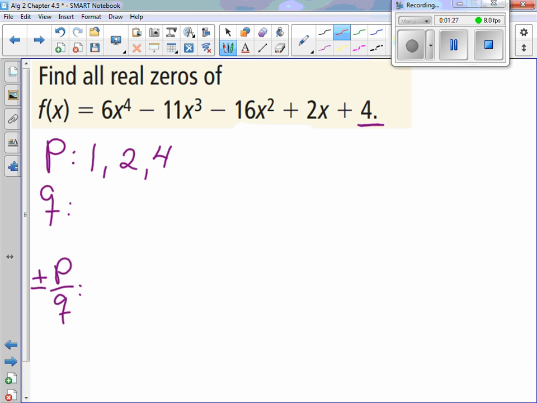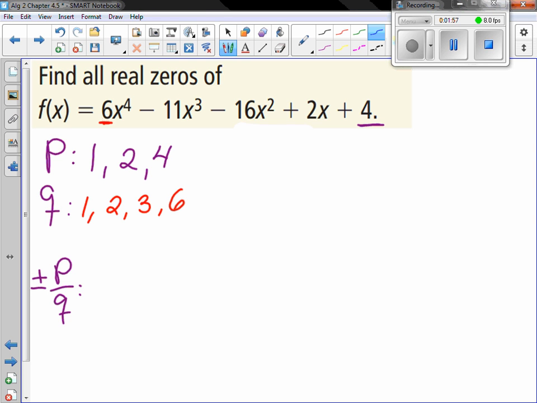Now we can list the factors of q, the leading coefficient, which for this case is 6. So we'd have 1 and 6, and then 2 and 3. So the possible rational zeros for this here are going to come from p being 1, 2, and 4, and q being 1, 2, 3, or 6.